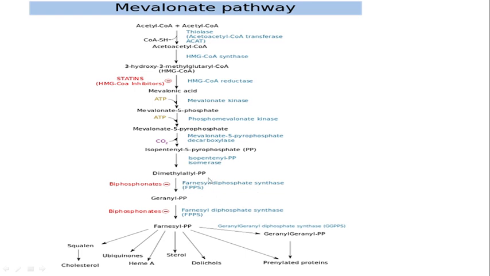farnesyl. In the presence of the enzyme farnesyl diphosphate synthetase, it will produce geranyl pyrophosphate. Geranyl pyrophosphate is produced, and from that geranyl pyrophosphate, in the presence of the enzyme which catalyzes the conversion to farnesyl pyrophosphate, farnesyl diphosphate synthetase is the enzyme used for its conversion into farnesyl pyrophosphate.